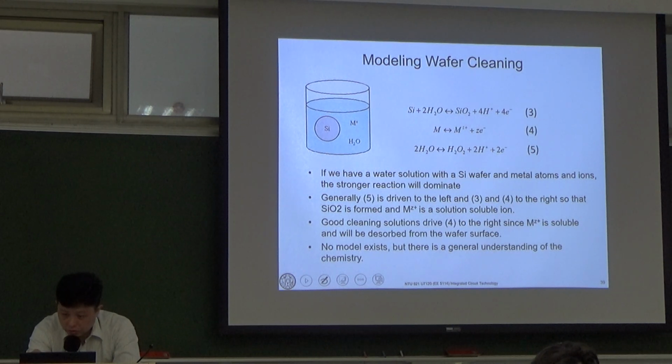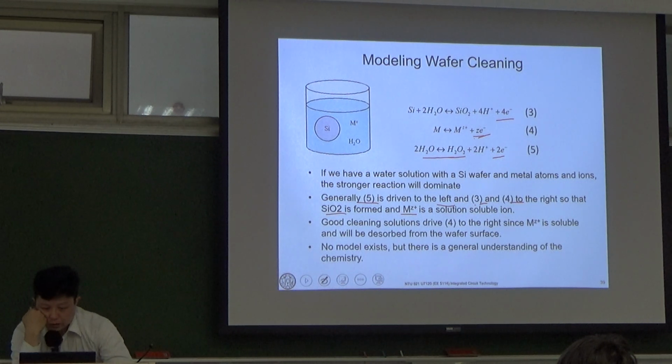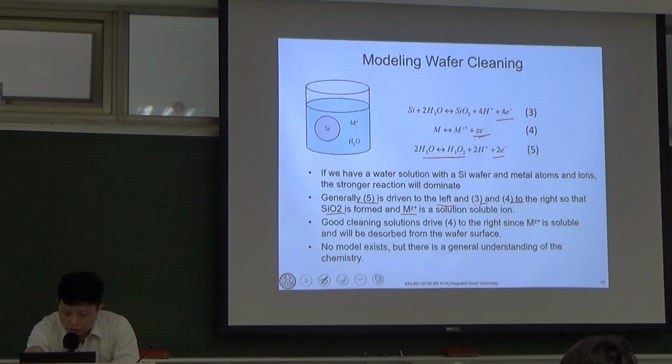If you go to the right, we lose some electrons. This is peroxide with water. Generally, equation 5 is driven to the left, and 3 and 4 to the right, so that we can form SiO2 and form this metal ion, which is soluble in your solution. That's how we combine these three.